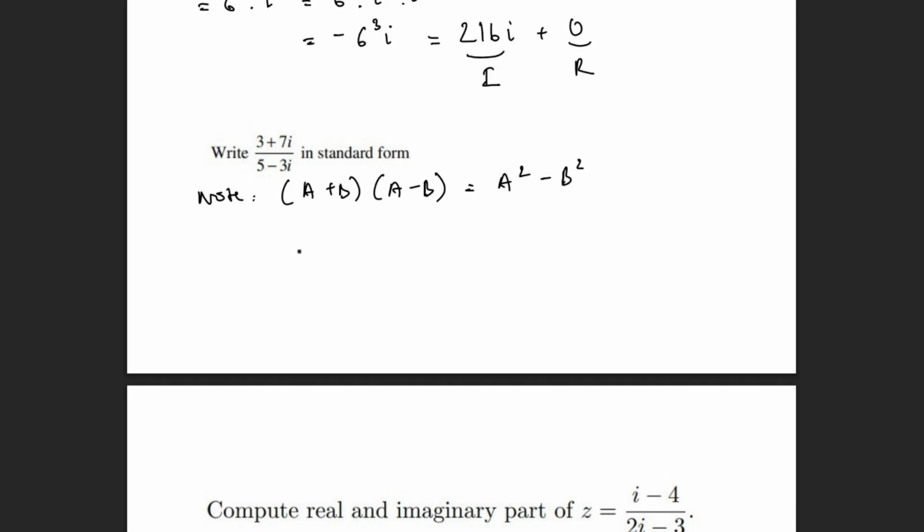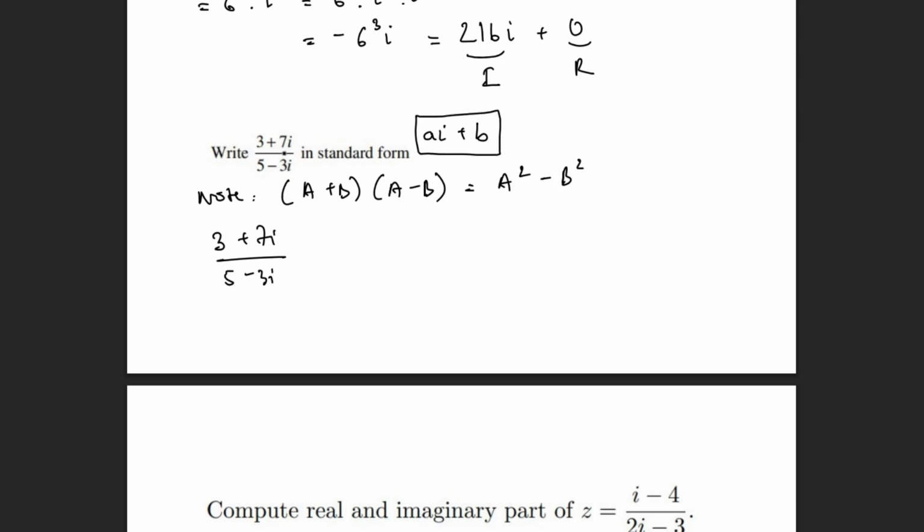Have you learned about conjugate? Okay, so (3 + 7i) over (5 - 3i). We have to simplify it in terms of a + bi. We have to rewrite it as a + bi.